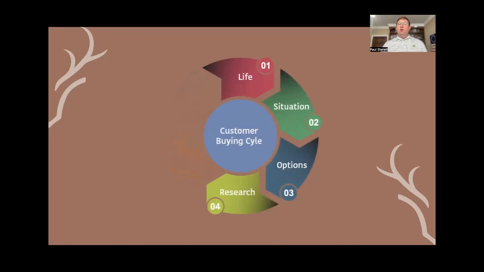So a quick review of what we've covered and where we're going today. In stage 1, life, this is the time that your customer spends in a relational mode. They're not ready to buy, but they still fit your target profile, and you have a lot to gain from building that relationship with them in this life stage prior to them moving into a transactional mode.